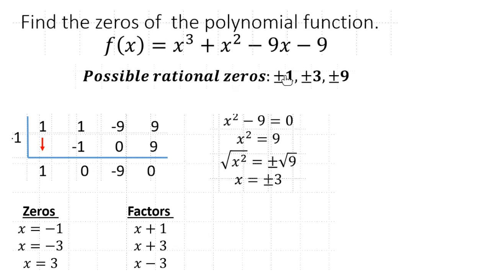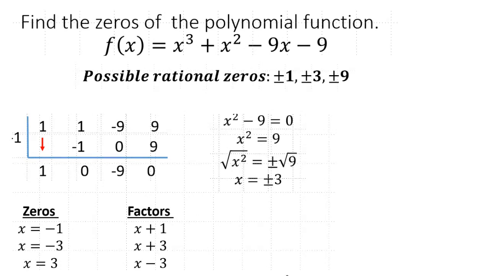Okay, so it's plus or minus 1, plus or minus 3, plus or minus 9, and then we also found the zeros. So this was a previous example. We used synthetic division, got our 0, and then we used the square root property. So these were our zeros. Okay, so those are your first steps: find the possible zeros, then find your actual zeros.